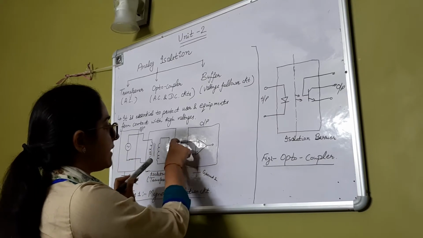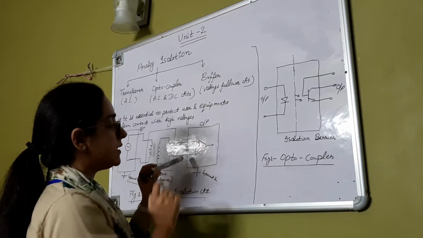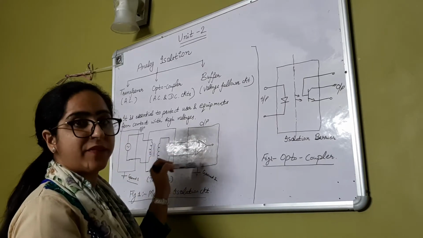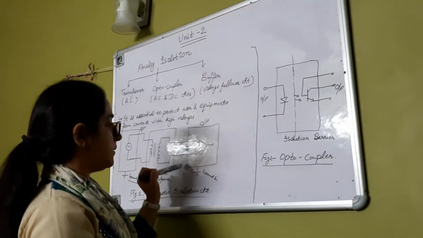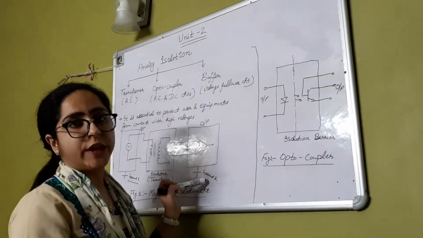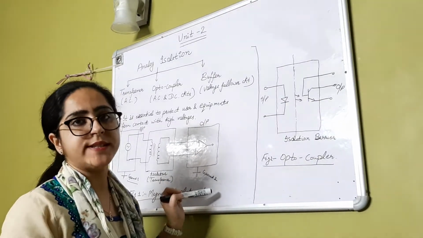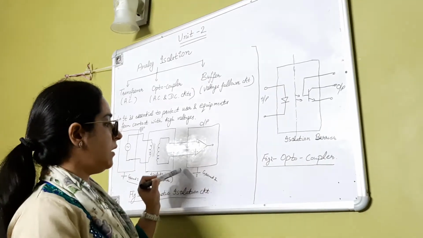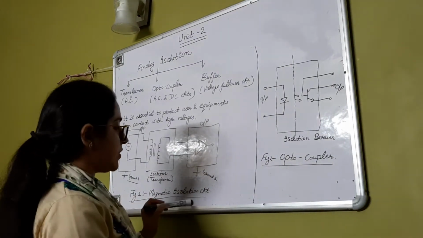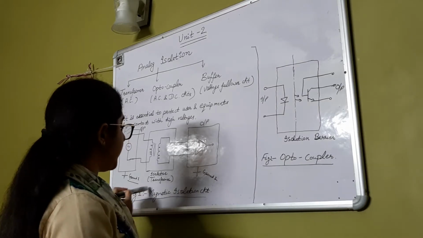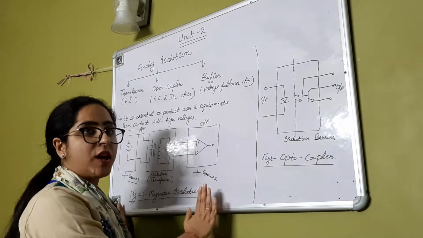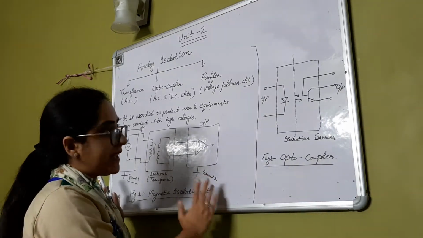Whatever secondary voltage is produced here can further be given to the amplifier circuit, and it is isolated again at a different ground potential, to protect it from ground faults and other adverse conditions. So this is the magnetic isolation circuit, and it is very useful for protection and for analog isolation in the DAQ system.